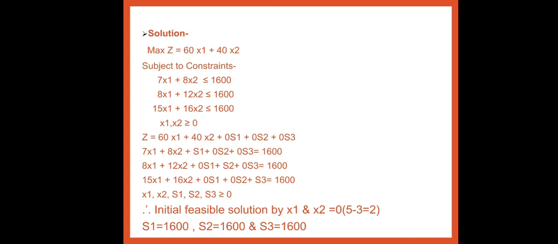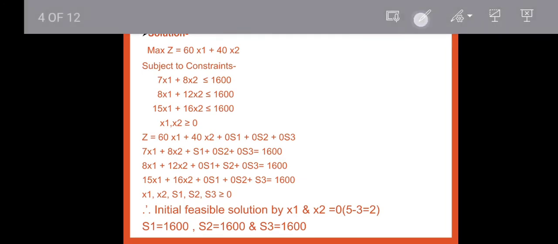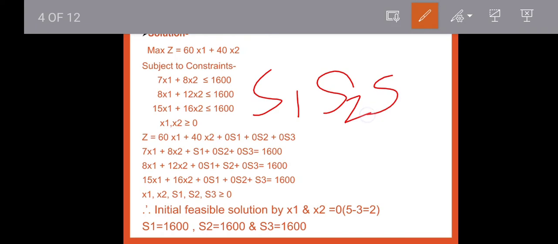Here there are three constraints, so we are going to add three slack variables: first s1, second s2, third s3. So z equals 60x1 plus 40x2 plus 0s1 plus 0s2 plus 0s3. For each constraint we add a slack variable. 7x1 plus 8x2 plus s1 plus 0s2 plus 0s3 equals 1600.